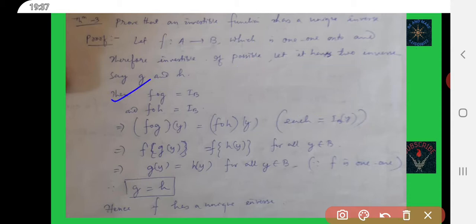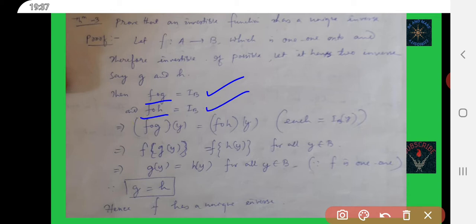So here fog is equal to IB, and foh is equal to IB, as g and h are both inverses of f.